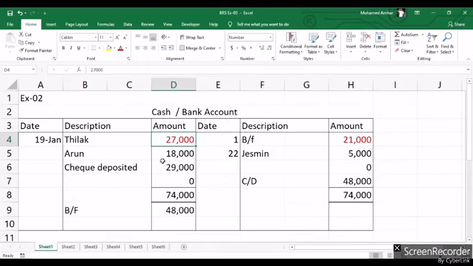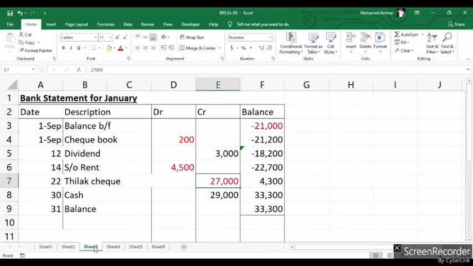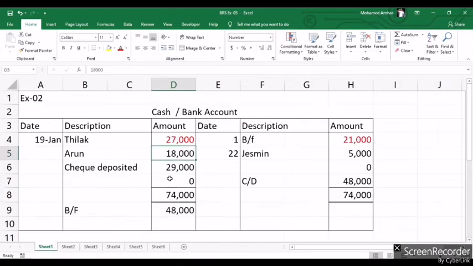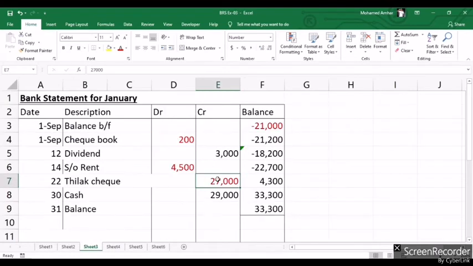Then 2 checks received from Arun, 1 check, so it is deposited. Check received from Arun 18,000, and check whether that 18,000 received check is shown in the bank statement. If the check is received, that should be credited. The amount is 18,000, so that 18,000 is not credited.